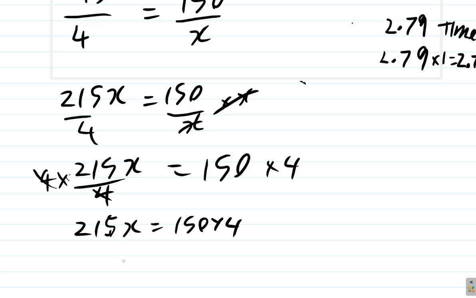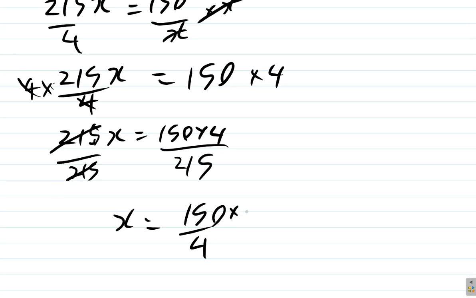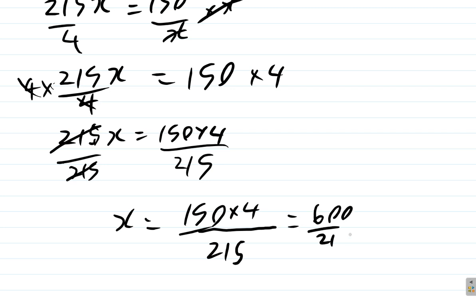Then you divide by 215. If you divide by 215, 215 will cancel itself. And here will be divided by 215. So x is 150 by 4 up here, divided by 215. So this is going to be 600 over 215.